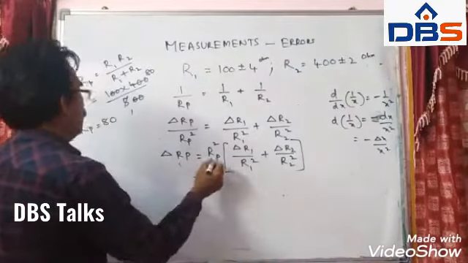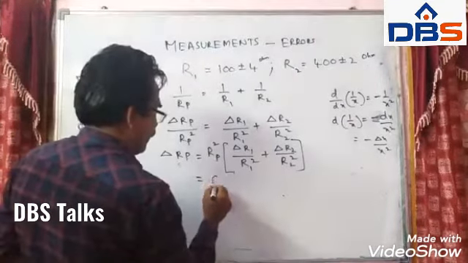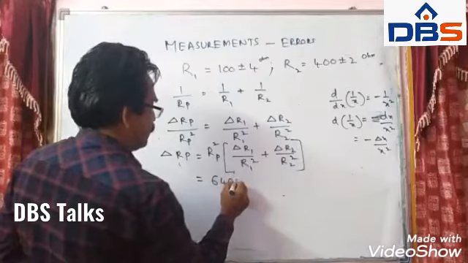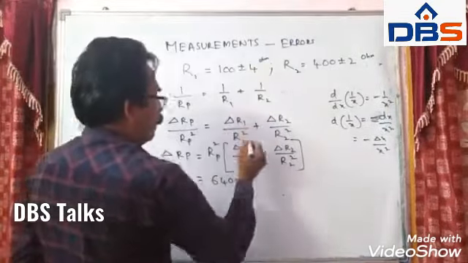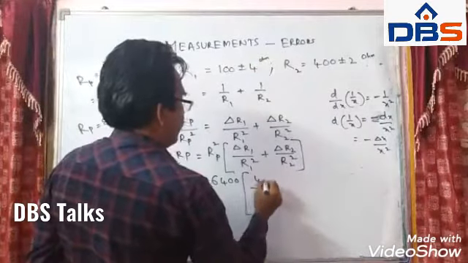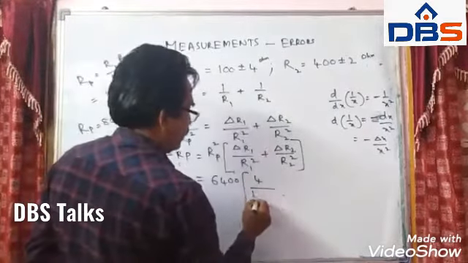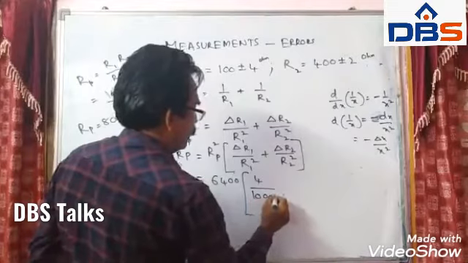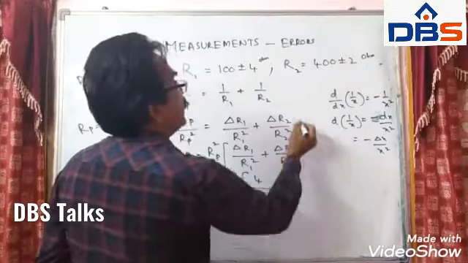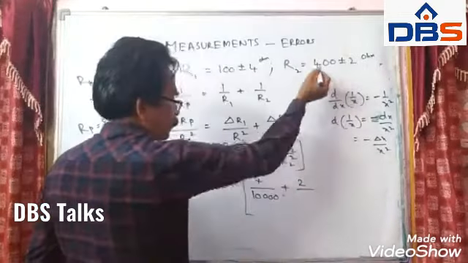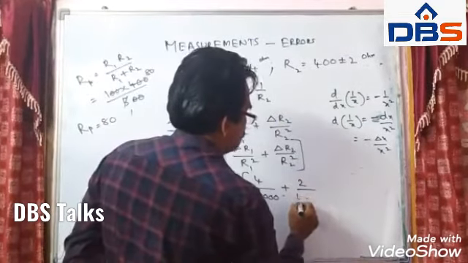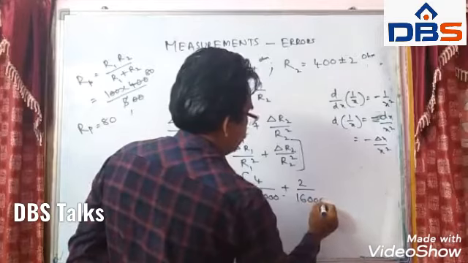This is equal to Rp 80. 80 square means 6400 into delta R1 4 by R1 square, 100 square, 10,000, plus delta R2 2 by R2 square, 400 square, 16.